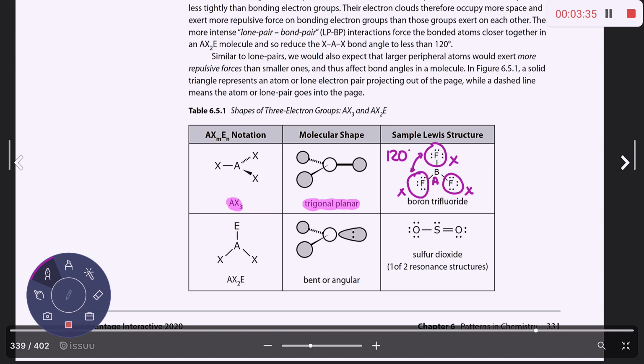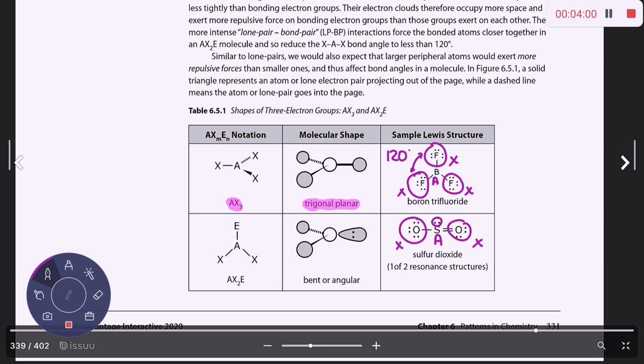Then let's take a look at another example of 3 electron groups. Bonded groups, which are my X's, and lone pairs of electrons, which are on the central atom, which are E's. Those can come together to give me my 3 electron groups. So let's take a look at this sulfur dioxide example. I have an A on my central atom. I have 2 X's.